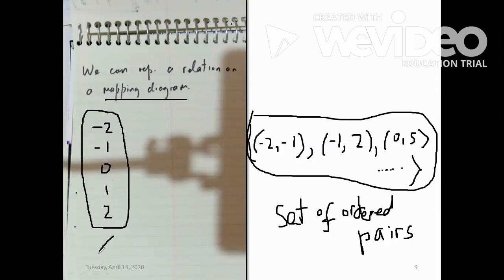So what you notice, these are the x values from the previous question. And I'm going to draw another rectangular shape over here with the corresponding y values.